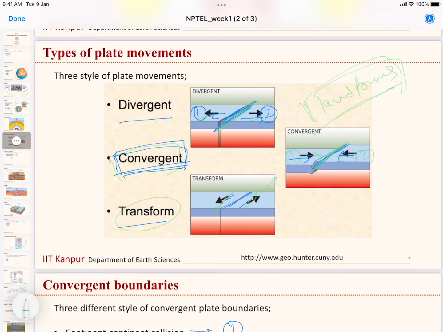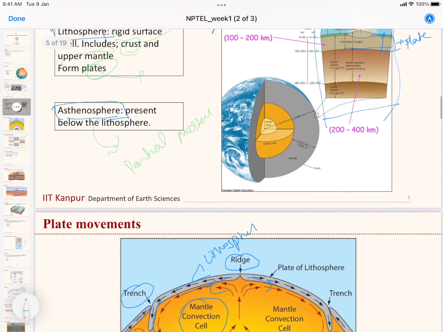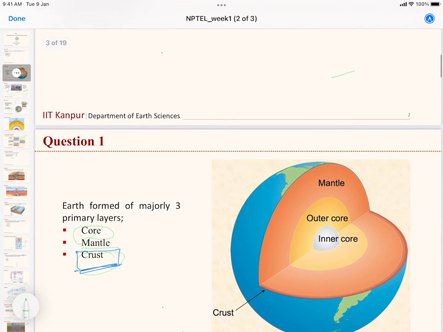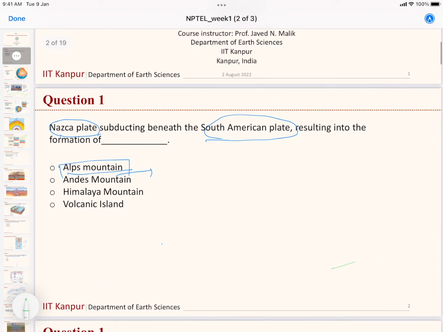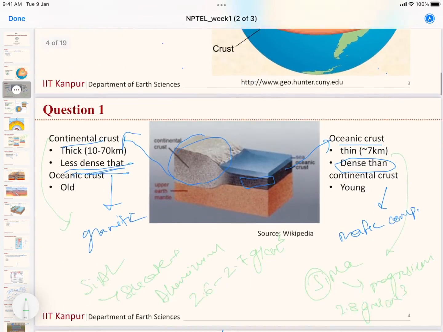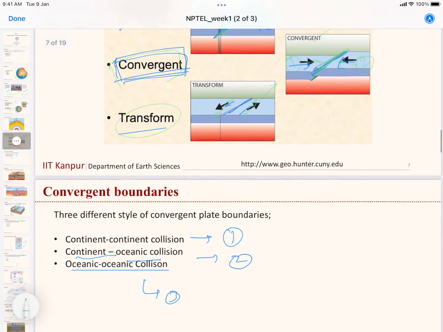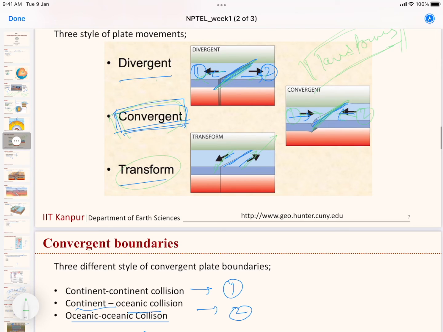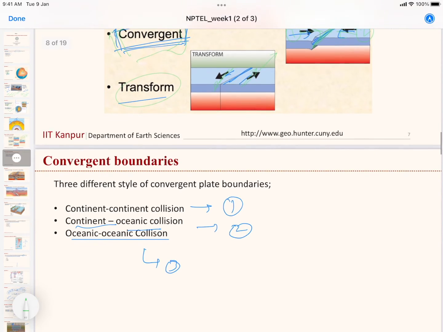Since we were discussing the question of the week 1 assignment, where they were talking about subduction, to explain subduction I am going mainly through the convergent boundary, because the answer lies in this convergent boundary.